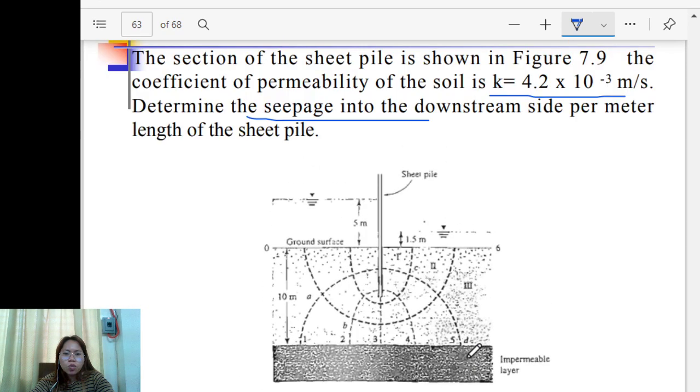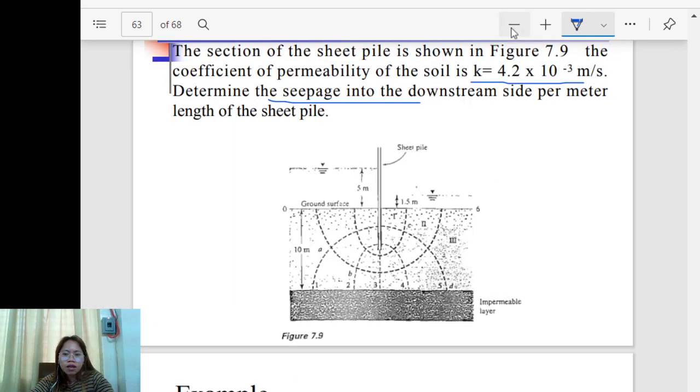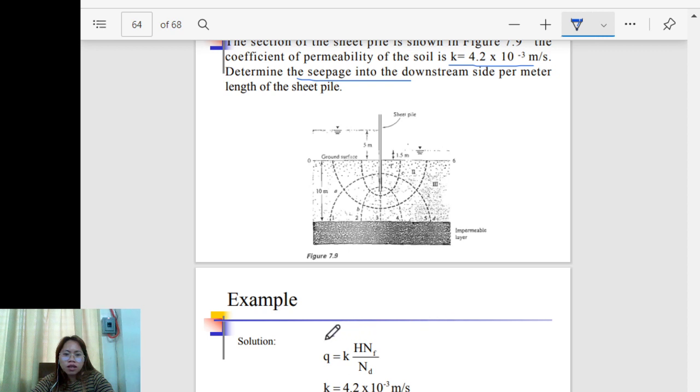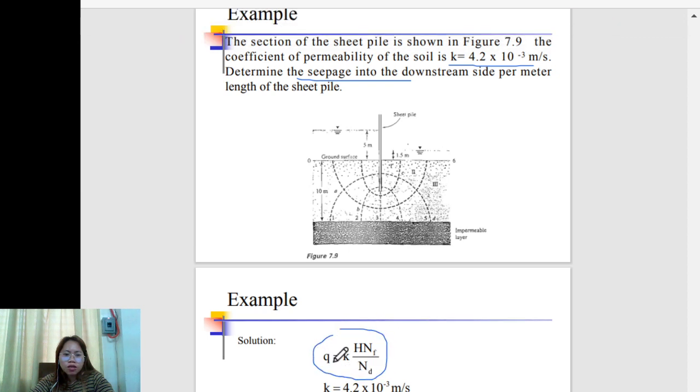To determine the Q, the K is given as 4.2 times 10 to the negative 3, no. So using this formula, Q is equal to K times H, the difference, which is actually the head loss or difference of the elevation of the water, times the number of the flow line over the number of the equipotential line, no.